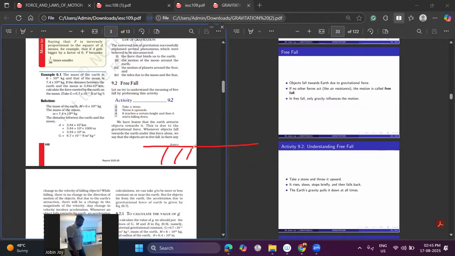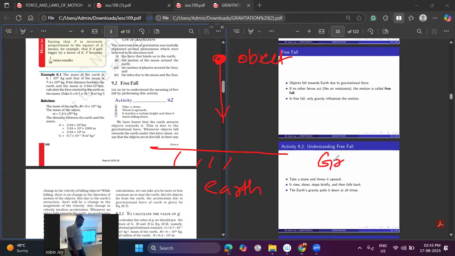So once again, this is the Earth, the surface of the Earth, and this is the object. This object is falling towards the Earth only because of the gravitational force.